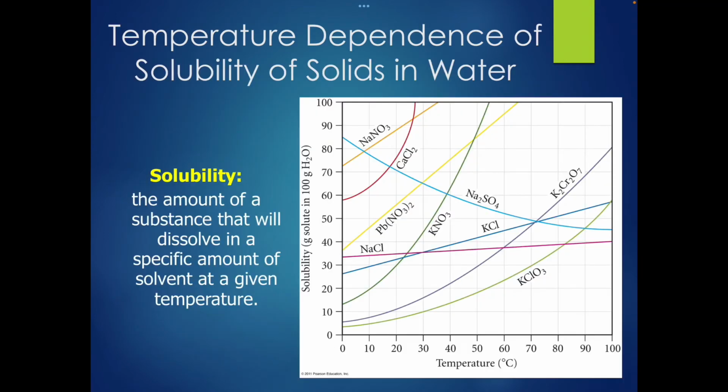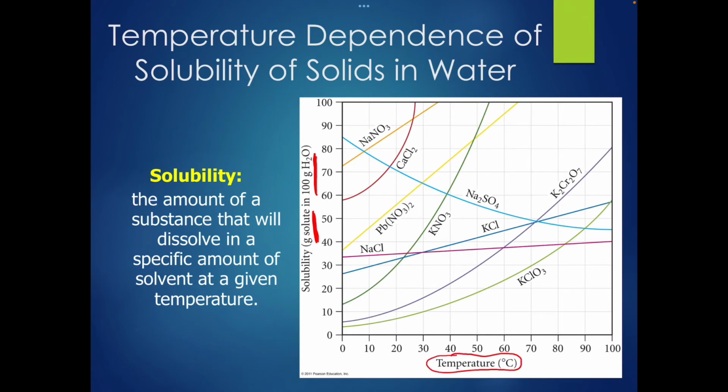So let's look a little bit more at solids in water. We will usually describe the solubility of solids in water by the grams of our solute that can dissolve in 100 milliliters of water, and usually it will be at some specific temperature. If you look, we have temperature here on the bottom.